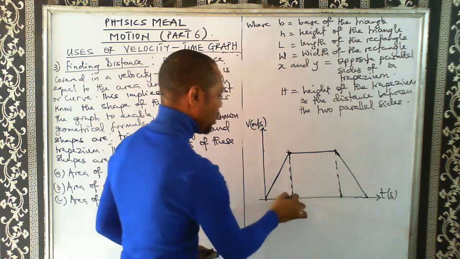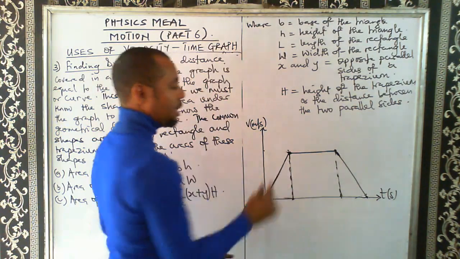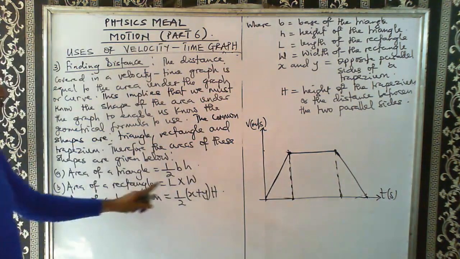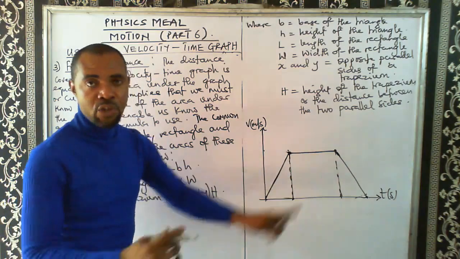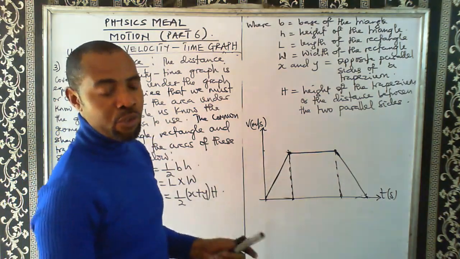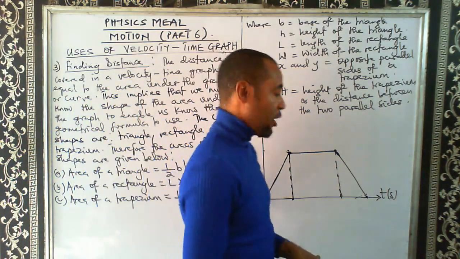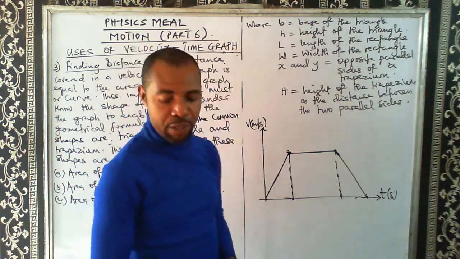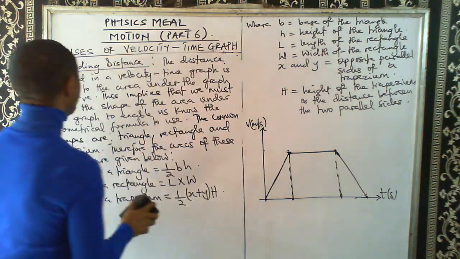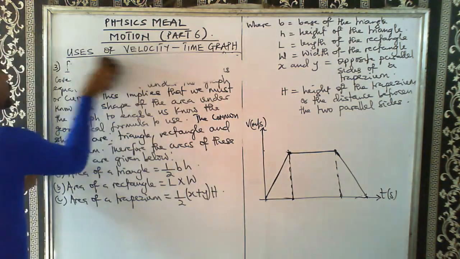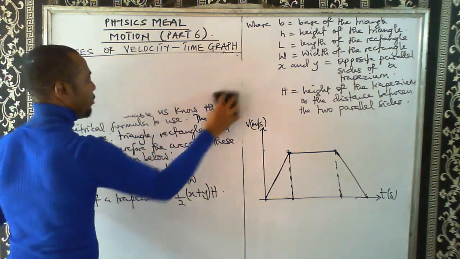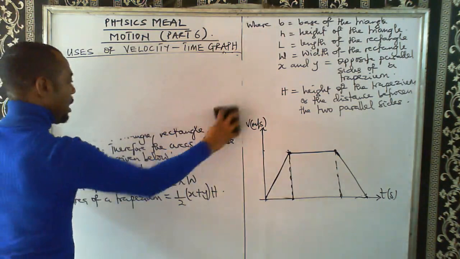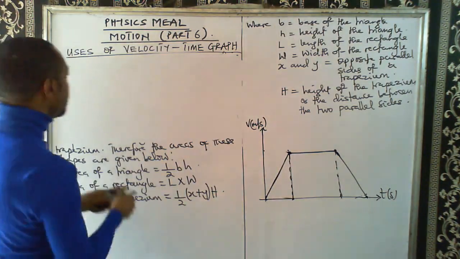The shape is a rectangle. So I will use the area of a rectangle to determine the distance covered during uniform velocity. So you must know the shape of the area under the graph. Very important.